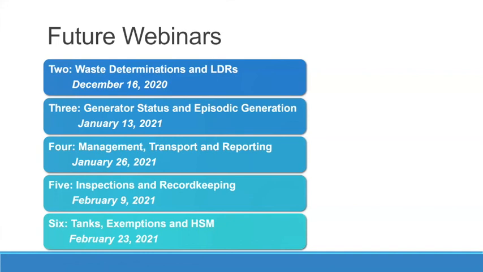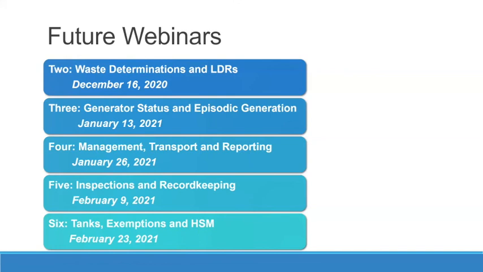Right, and I do want to draw everybody's attention, I put up the future webinars. For those that have questions on waste determinations and land disposal restrictions, those will be covered in our next program on December 16th.